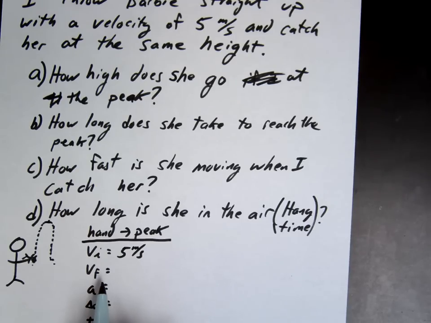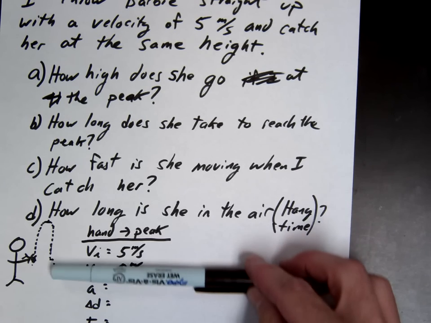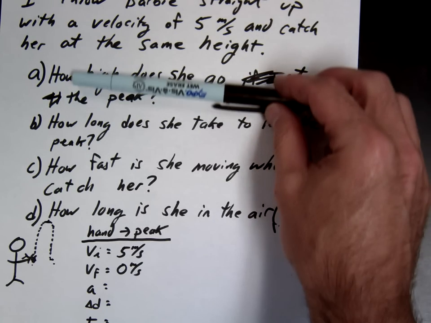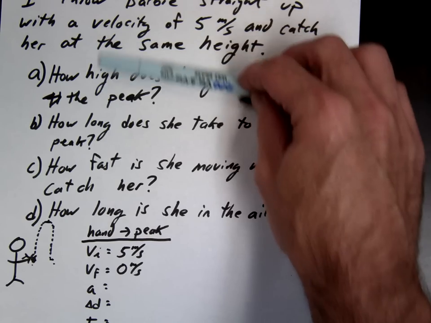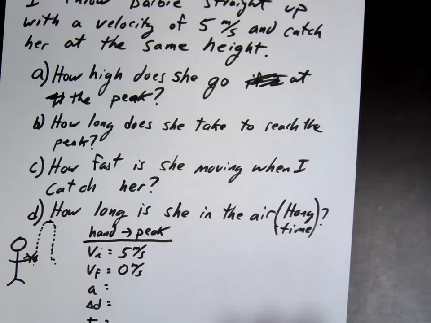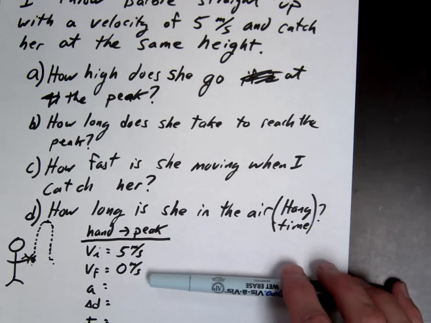Final is 0. Good. So at the peak, as she's rising, she's getting slower, slower, slower, and then at the peak, what happens? She stops, changes direction, and comes back down. So at that peak, it's going to be 0.